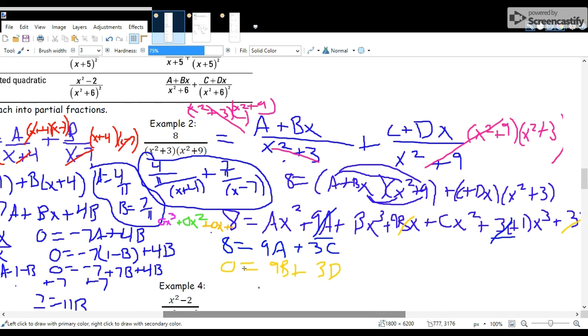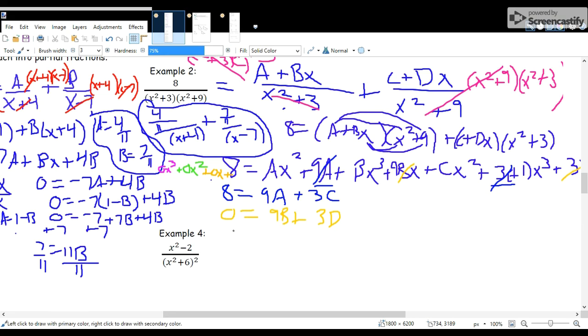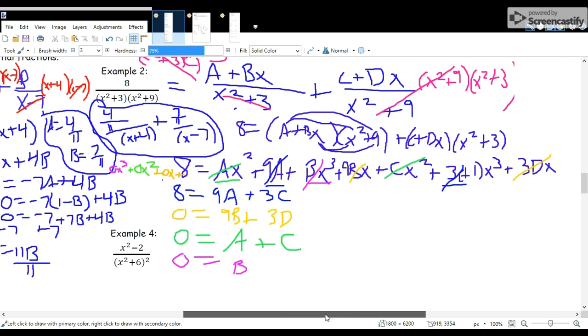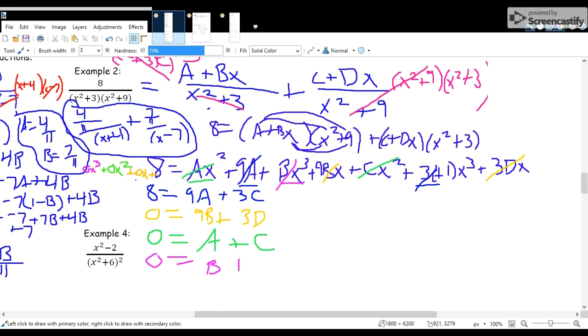And then we'll move on to the x squareds. So 0x squared would equal a plus c. And then for the x cubes, we have 0 equals b plus d.